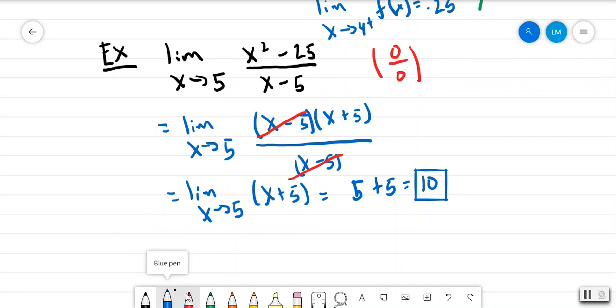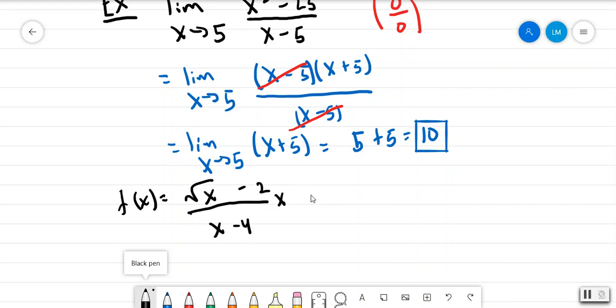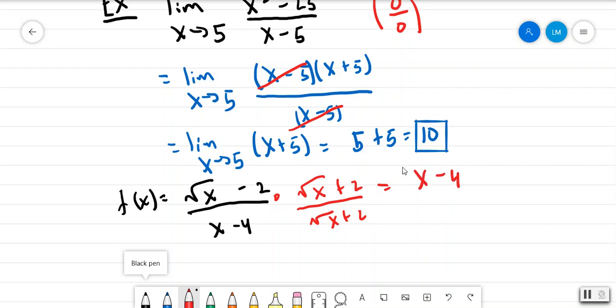So notice that if we went back to our example of f of x equals the square root of x minus 2 divided by x minus 4, and I multiply by the conjugate, square root of x plus 2 divided by the square root of x plus 2, when we multiply this through we get x minus 4 all divided by x minus 4 times the square root of x plus 2.